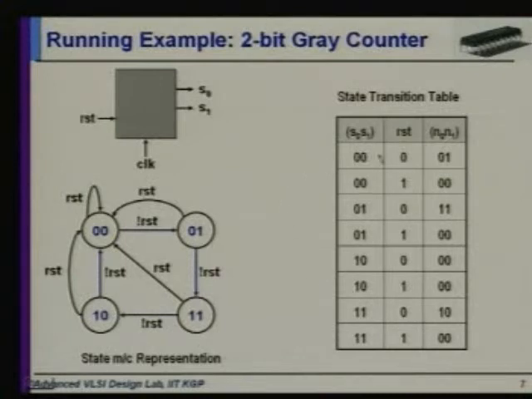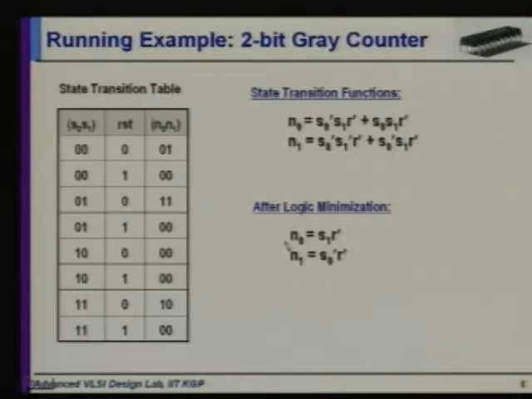Now from this state transition table, let us see what we can do. We will develop the state transition functions from this. How do we do that? We look at the column corresponding to N0 first. Let us find out where in this column we have 1.